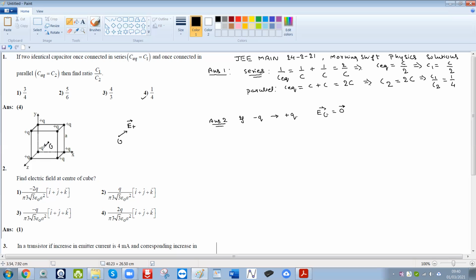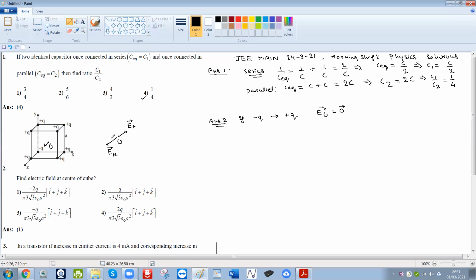Now, if all the charges assumed positive were giving a 0 net electric field, therefore, field due to all the remaining charges except the positive charge at origin must have been equal and opposite to field due to positive charge at origin. This can be treated as resultant of field due to all the remaining positive charges.